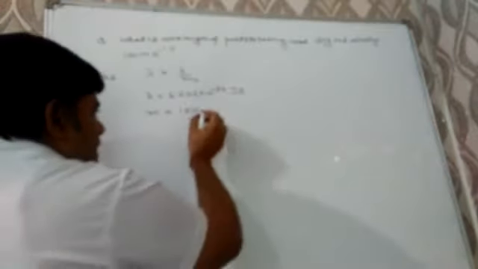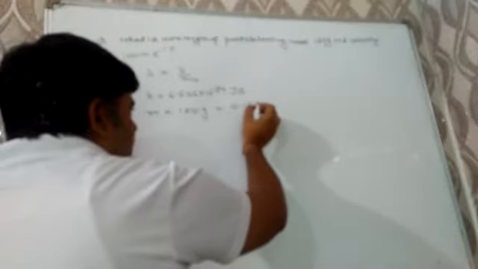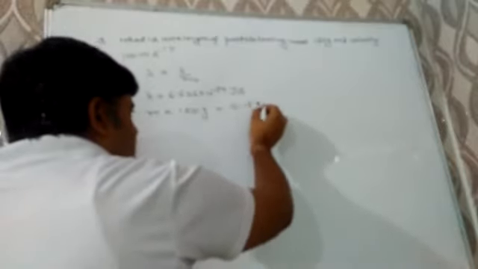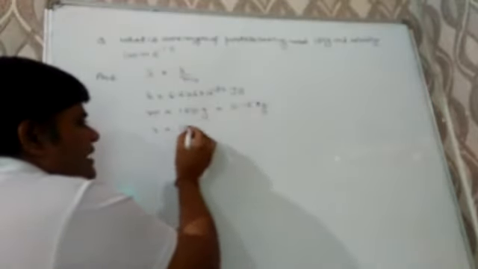Mass is in grams, so first of all we have to convert it into kilogram. 150 gram comes out to be 0.15 kilogram, and velocity is given in meter per second, that is 100 meter per second.